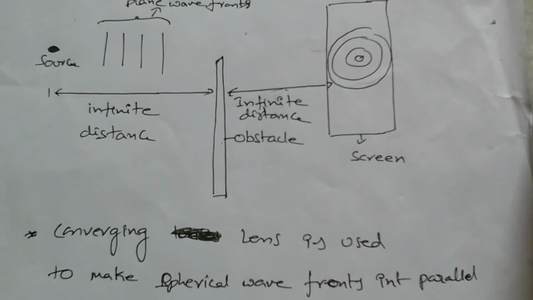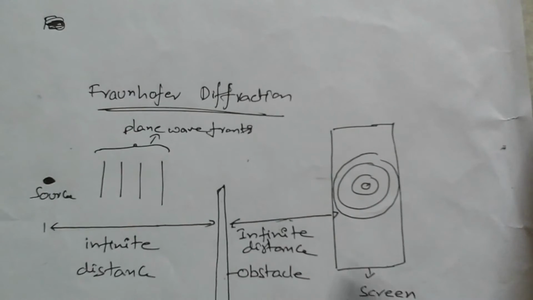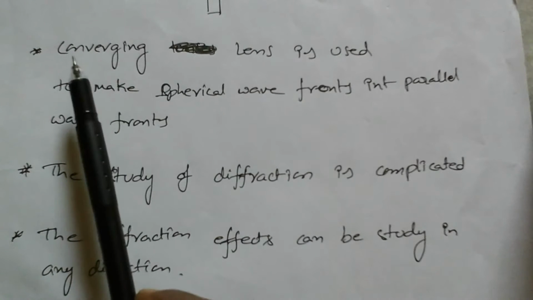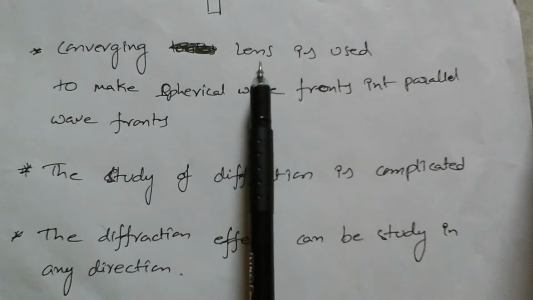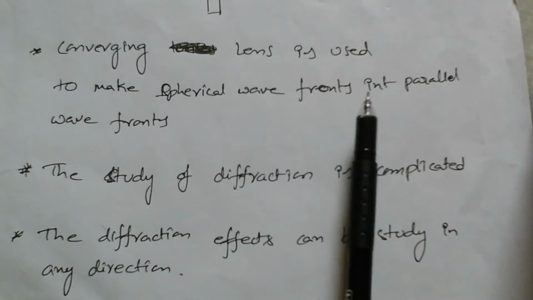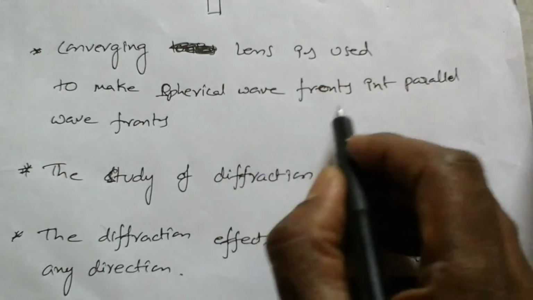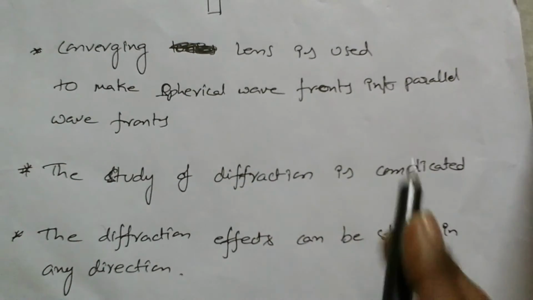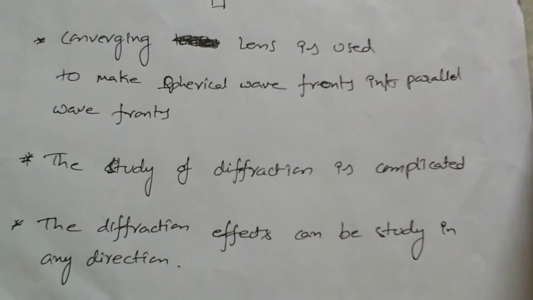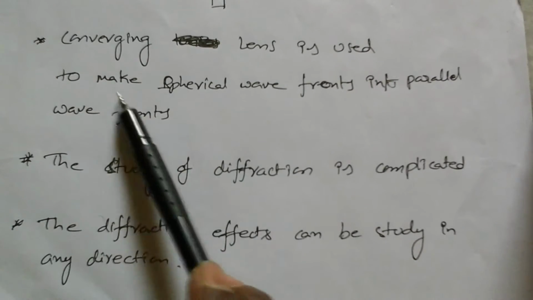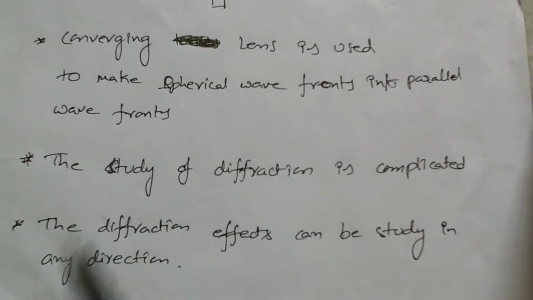Now, some important points about Fraunhofer diffraction. Here a converging lens is used to make spherical wavefronts into parallel wavefronts.